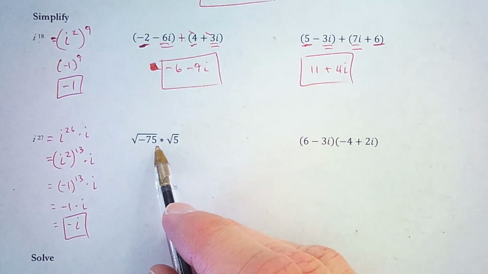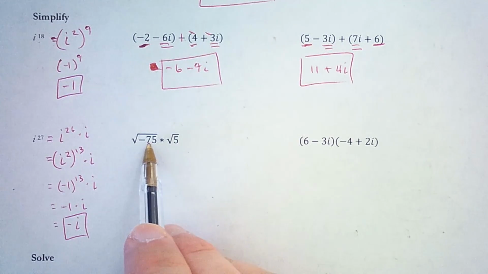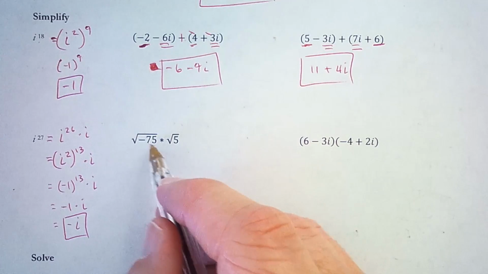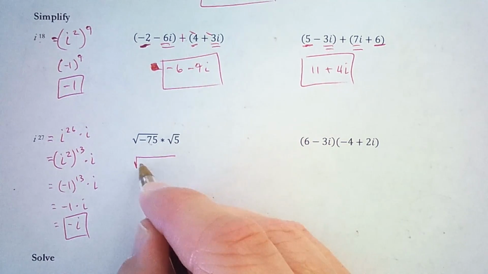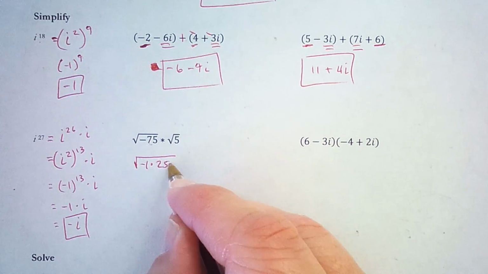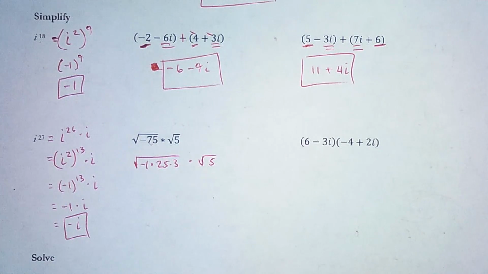Here I'm going to multiply these. In order to multiply them, I think it's going to be easier if I just simplify this one first. So -75 is really -1 times 75. So that's the square root of -1 times the square root of 25 times the square root of 3, times the square root of 5.